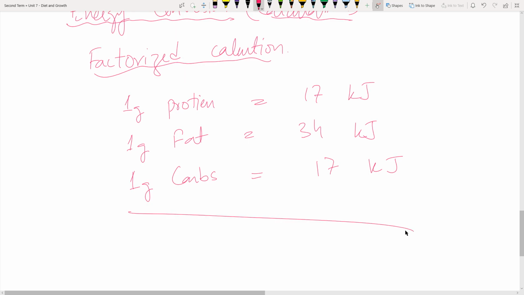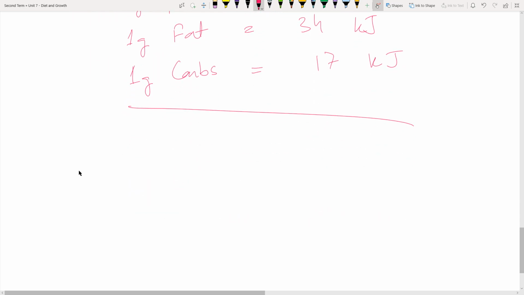Let's say a child eats a toast. The total mass of the toast is 20 grams. Now, a toast contains, let's say, 60% carb.